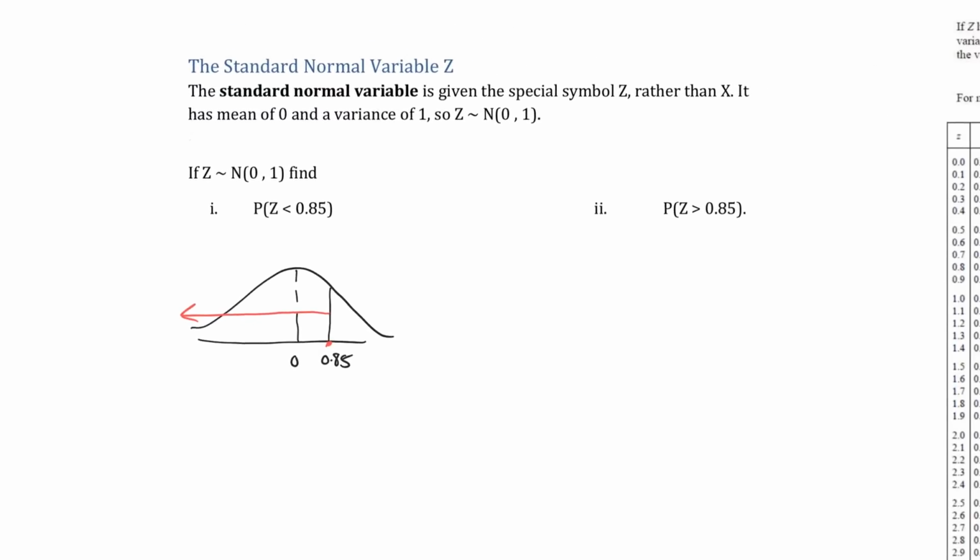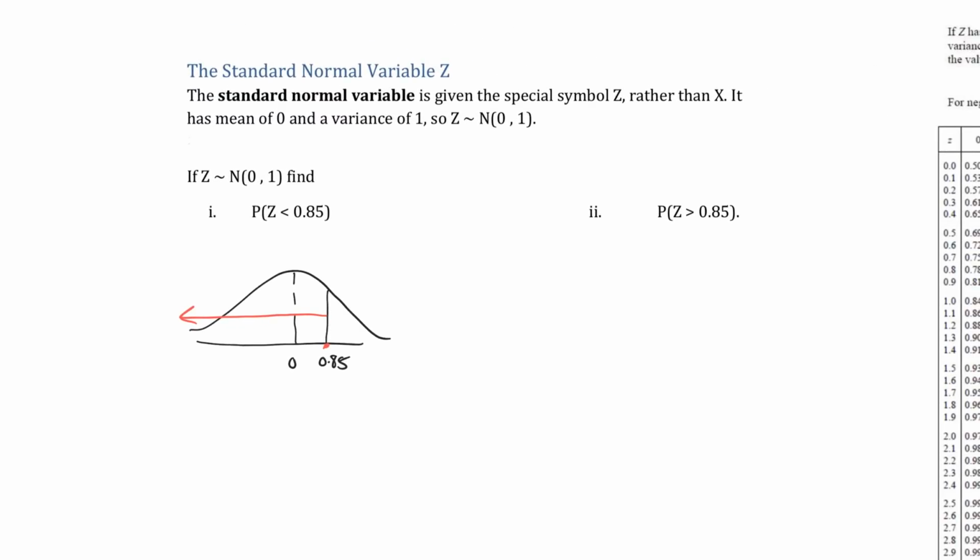So this area is 0.8023. So probability of z less than 0.85 would be 0.8023.